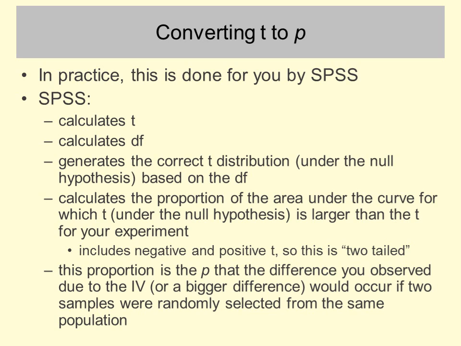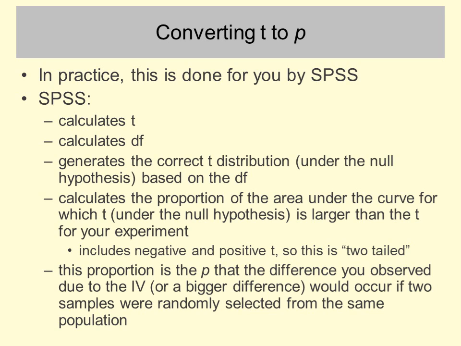It actually, in the background, generates the correct t distribution under the assumption of the null hypothesis being true. It calculates the proportion of the area under the curve for which t is larger than the t in your experiment. If you're doing a two-tailed hypothesis, this includes both negative and positive t.